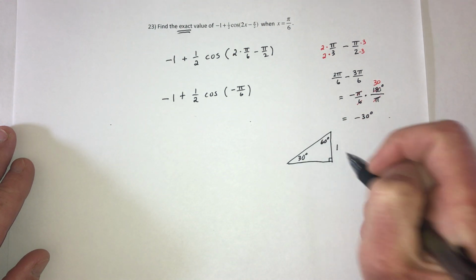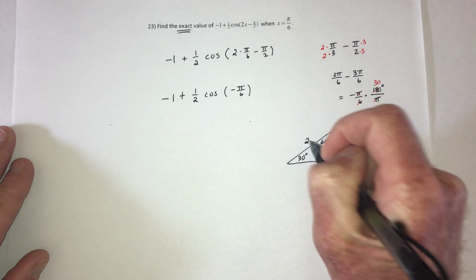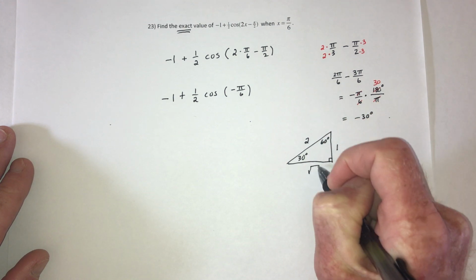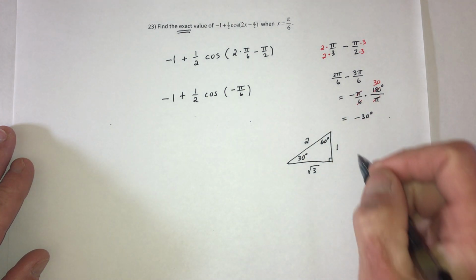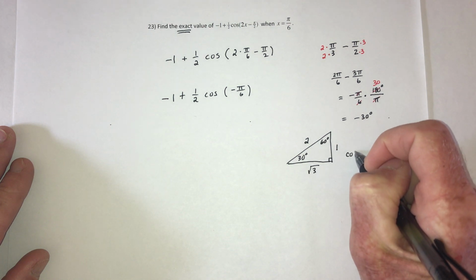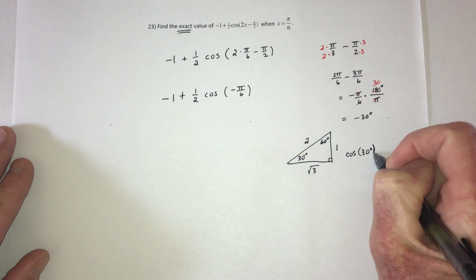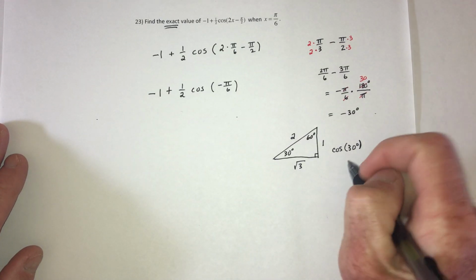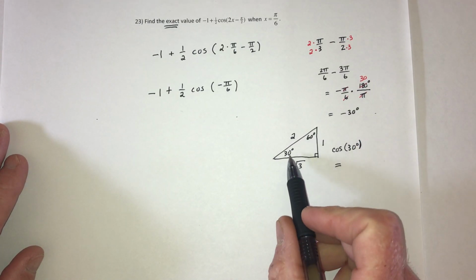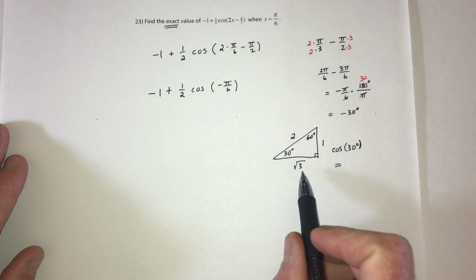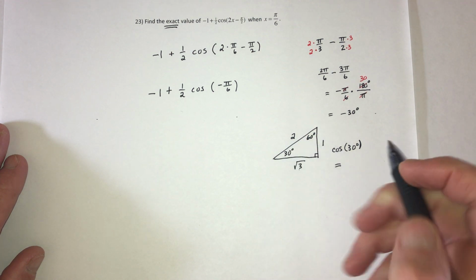Across from the 30 is 1, across from the 90 is 2, and across from 60 is the square root of 3. And then how much is cosine of 30 degrees? So cosine of 30 degrees would be adjacent over hypotenuse.